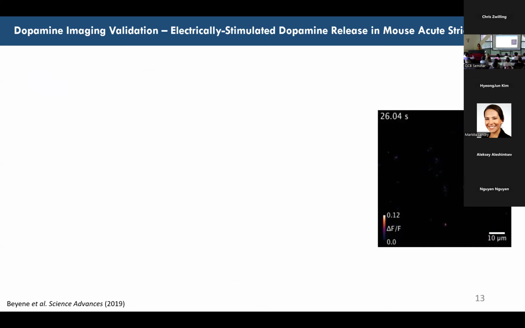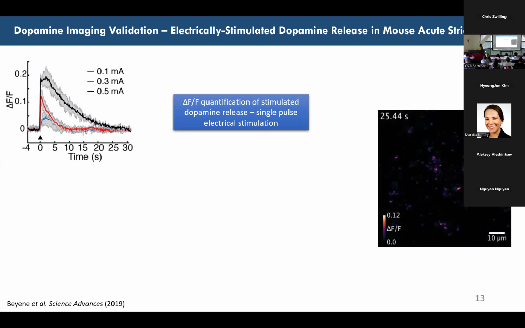All right, and so in movie form, this is what the data looks like. Again, dark to begin with, we stimulate the tissue, and we see release and reuptake of, in this case, dopamine. All we're seeing here is the probe, at infrared wavelengths, the chemical and not the presence of the cells. Then we can average our signal over the field of view and do some control experiments. The stronger we stimulate, the more dopamine we get.